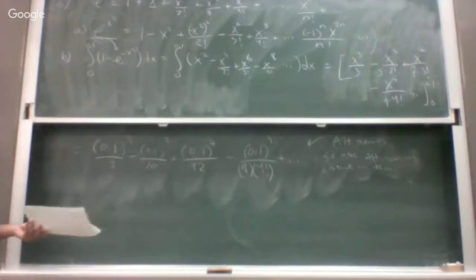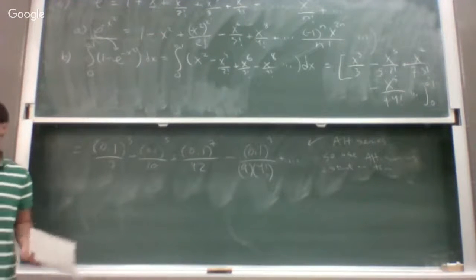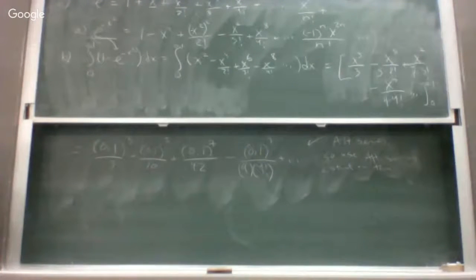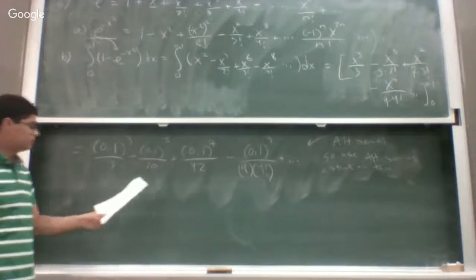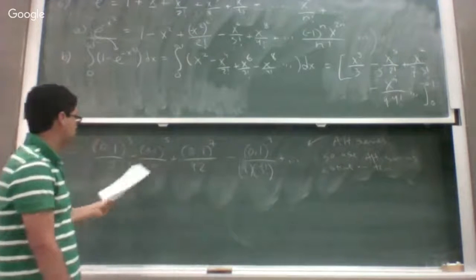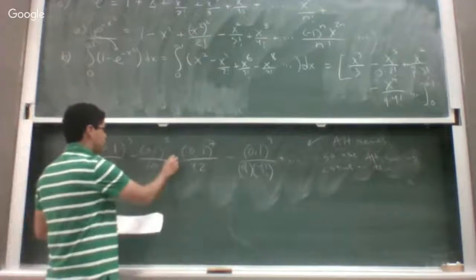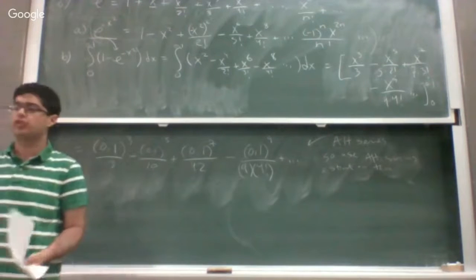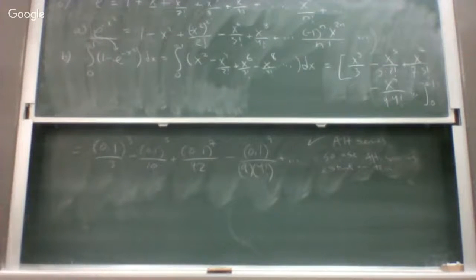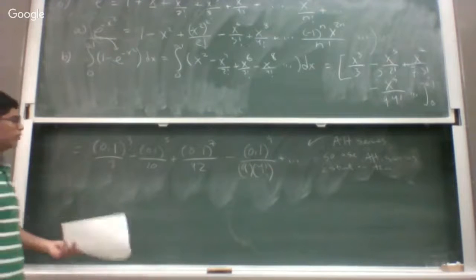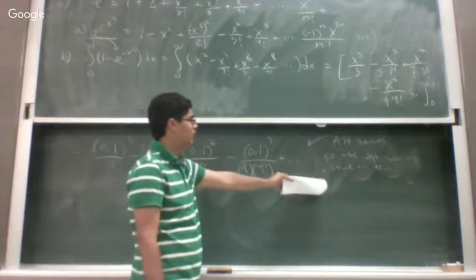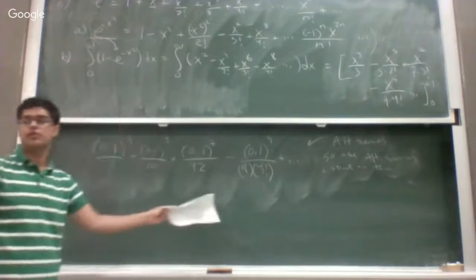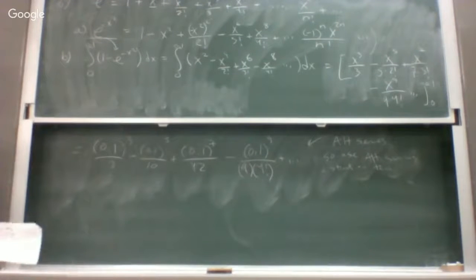Since this is going plus, minus, we can use the estimation where we take the next term and see if it's lower than the error. So that's what it means. I would go ahead and put this on the exam whenever you see this, because that tells them you used the theorem.